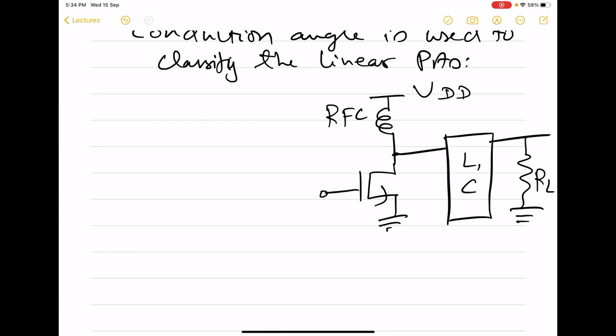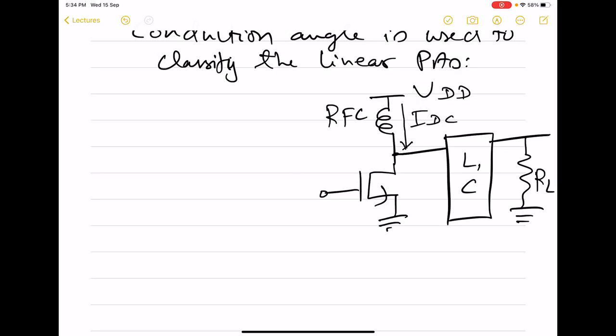Here we have RFC, which was pointed out is a large inductor. This large inductor ensures that there is only DC current flowing through this. No time varying current will pass through this path.